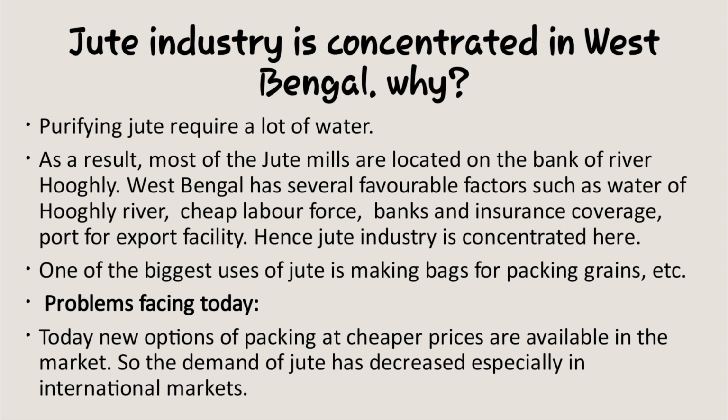And you know, the purification of jute requires a lot of water, and as a result, most of the jute mills are located on the bank of river Hooghly. West Bengal has several favorable factors such as water of Hooghly River, cheap labor force, bank and insurance coverage, port for export facility, etc. Hence, jute industry is concentrated there.